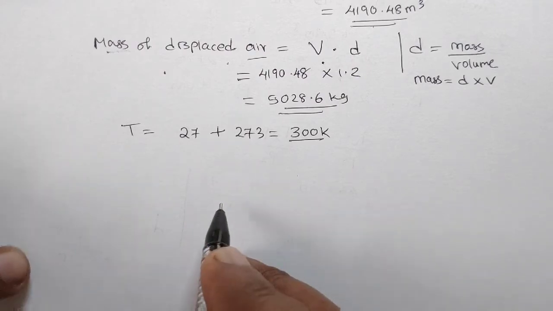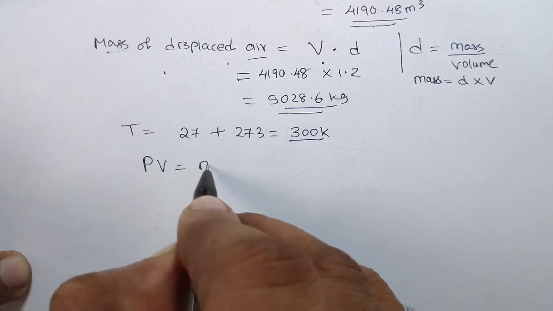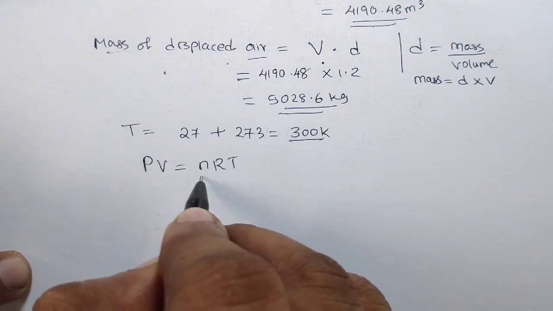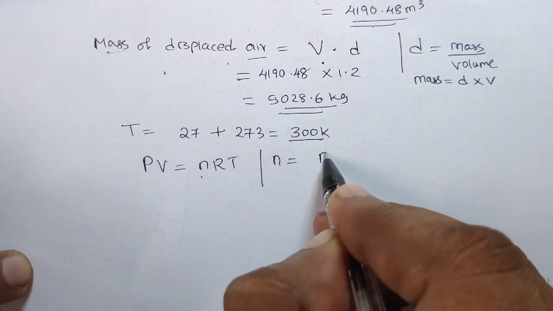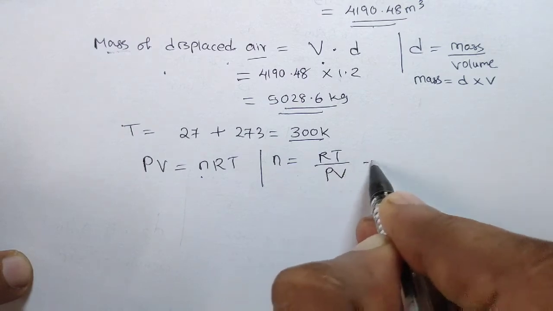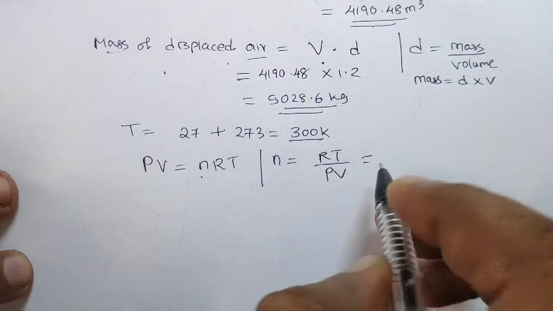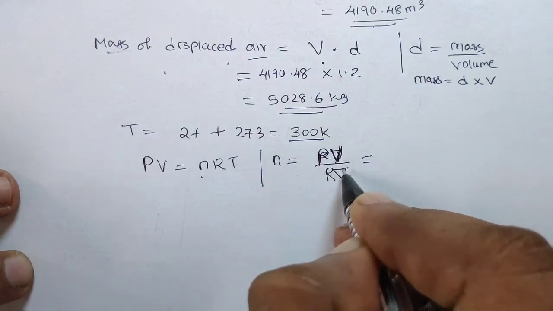Now 300 Kelvin. According to our formula, we know PV is equal to nRT. First of all I will find out the moles of this gas. So n is equal to PV by RT.